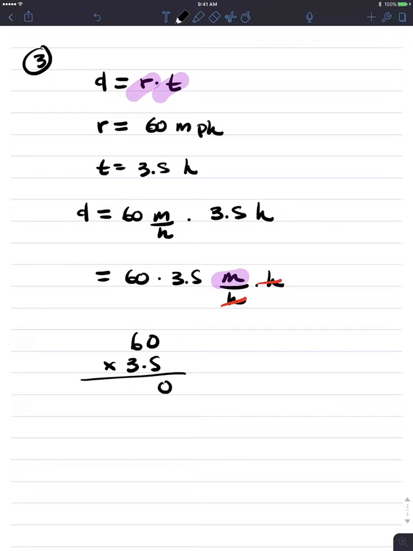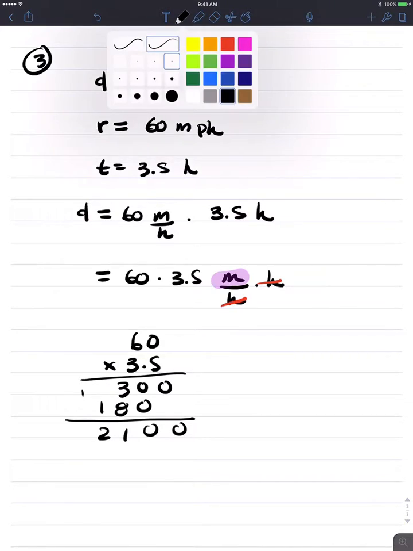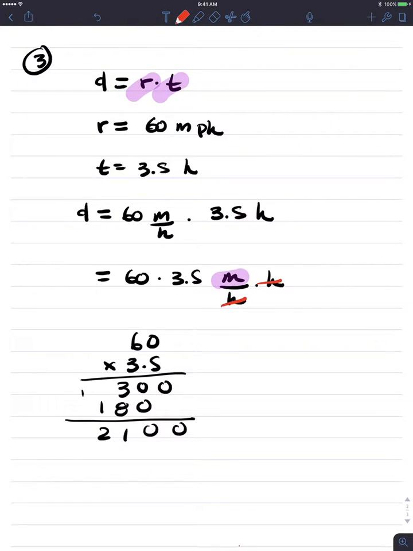5 times 0 is 0. 6 times 5 is 30. 3 times 0 is 0. 6 times 3 is 18. We're going to add these values. Notice that the decimal here, there's one digit to the right of my decimal, which means I move this one decimal place to the left for a final answer of 210.